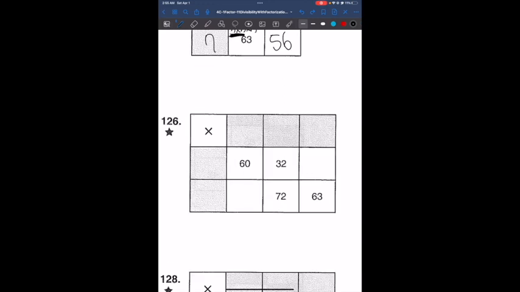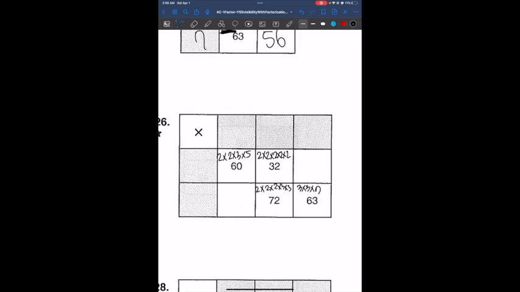So 60 can be expressed as 2 times 2 times 3 times 5. 32 can be expressed as 2 times 2 times 2 times 2 times 2. 72 can be expressed as 2 times 2 times 2 times 3 times 3. And 63 can be expressed as 3 times 3 times 7.